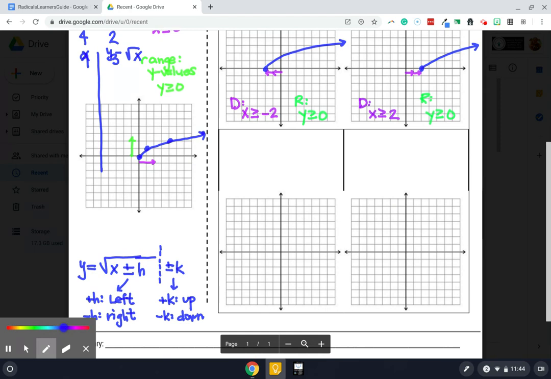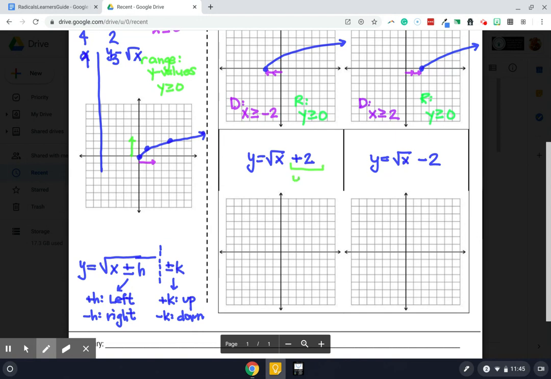You'll notice, hopefully, that when we move it up or down, we have now stepped outside of the square root and are now doing all of our changes on the outside. And the whole point of doing changes on the outside is that we're moving now the entire graph either up or down.